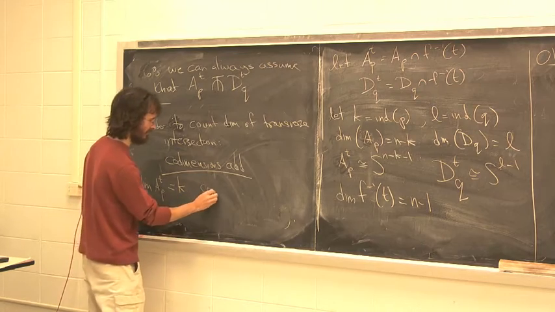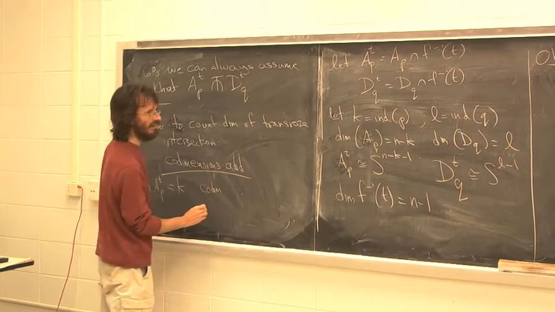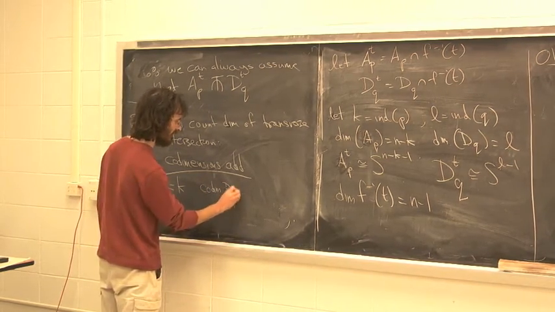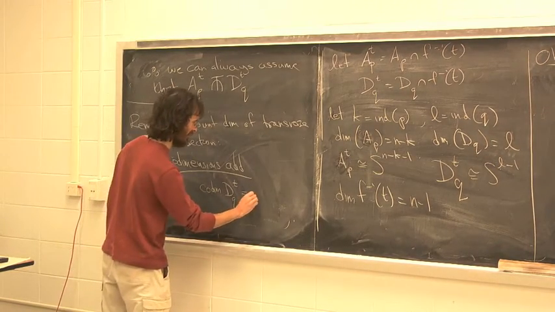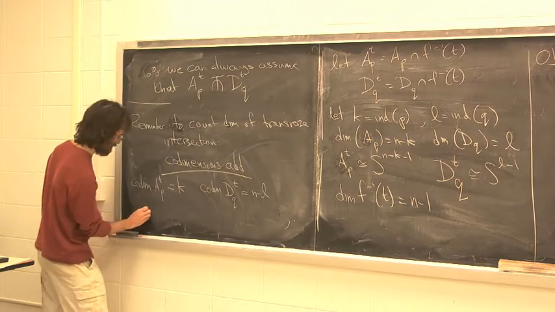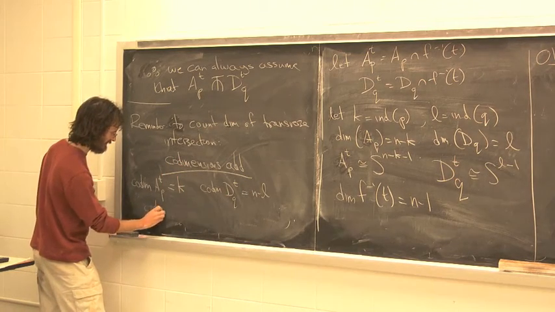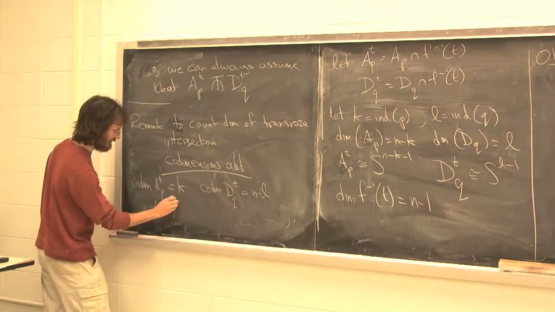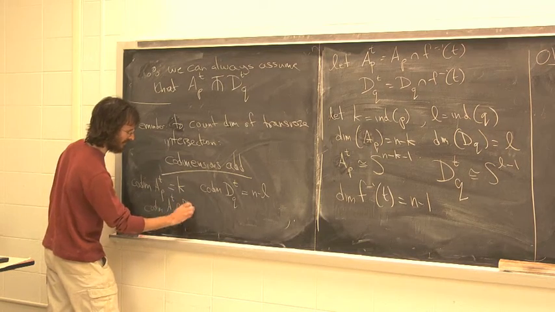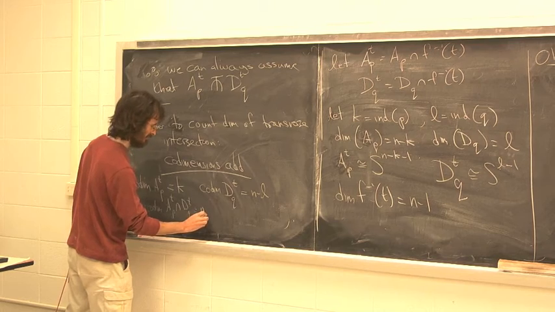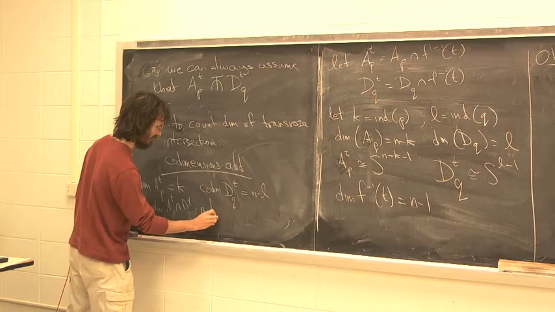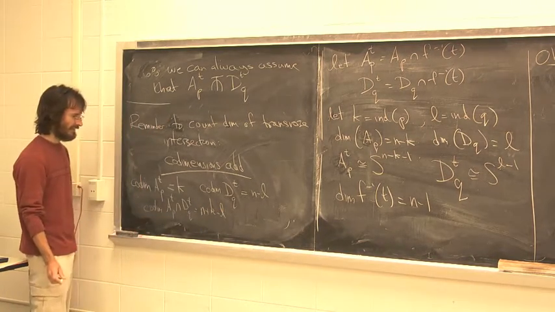Codimension of P Q T equals n minus 1 minus L minus 1, which is n minus L. So the codimension of the intersection A T intersect Q T equals n plus k minus L.